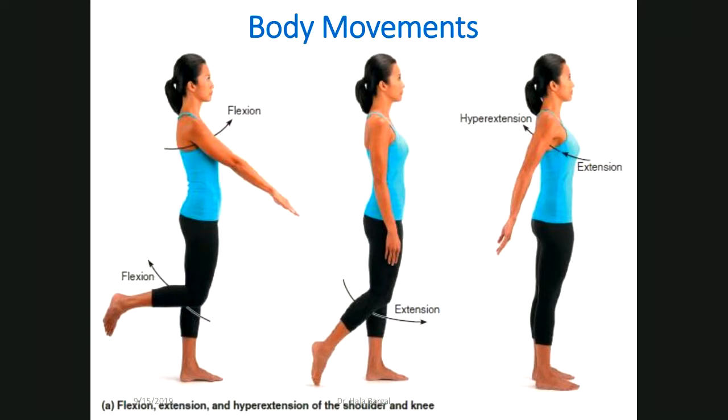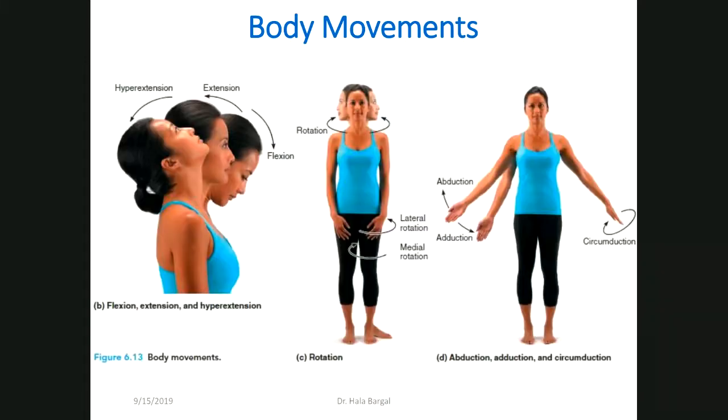As we mentioned, it is a highly movable joint. Also, hyperextension can be done in the neck, and this is the position of extension, and here is the position of flexion. Also in the neck we can do rotation, right?